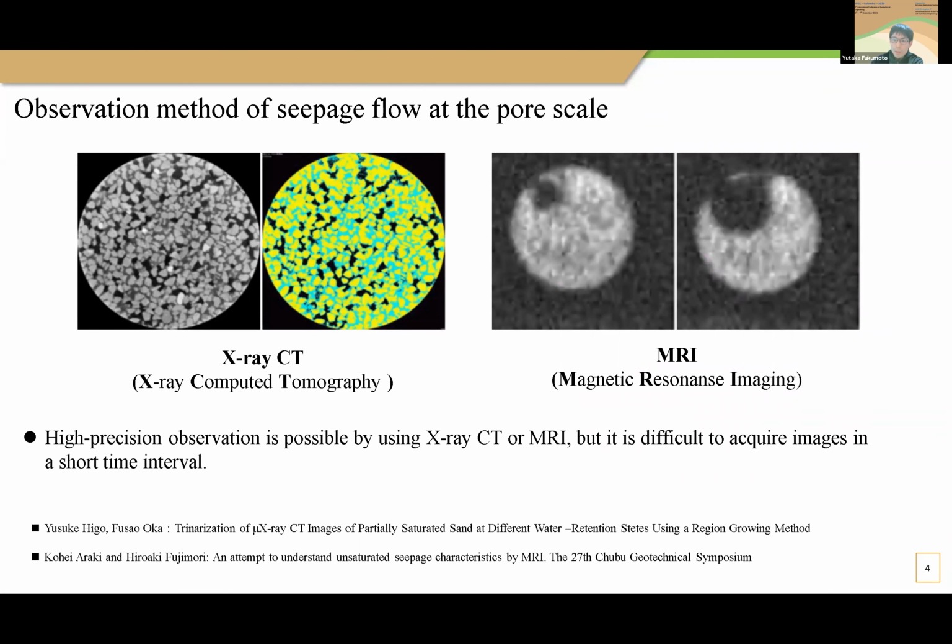There are several studies on the observation of pore scale seepage flow of soil particles using X-ray CT and MRI. High precision observation is possible by using X-ray CT or MRI, but it is difficult to acquire images in a short time interval.